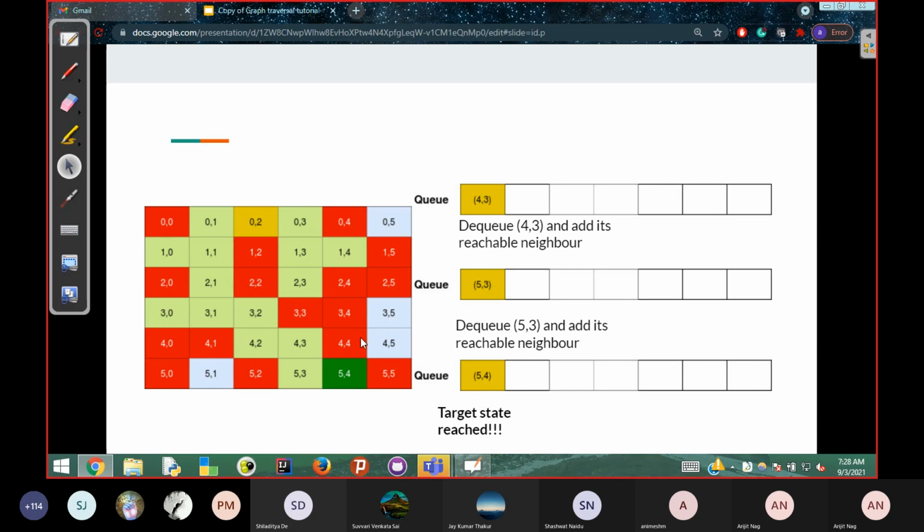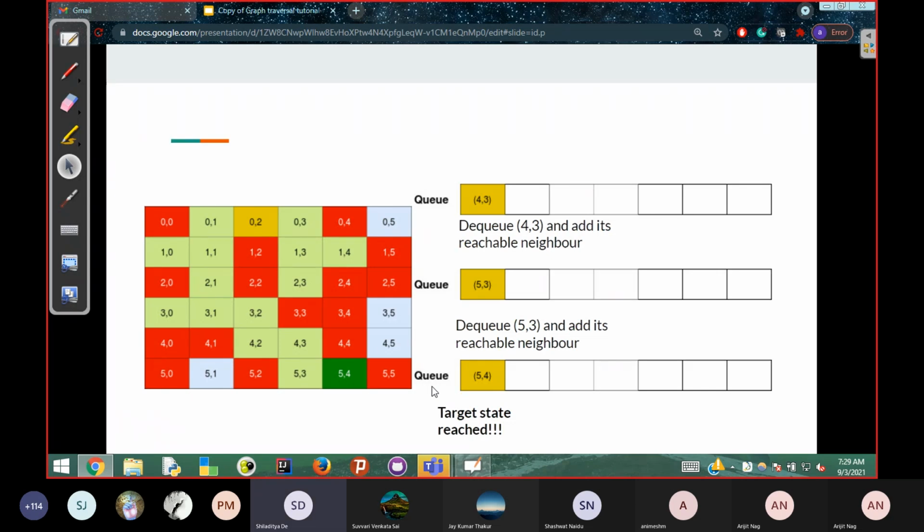Now another thing: suppose the target was 5-0, then there is no way to reach 5-0 from 0. So at the end of your BFS operation, you will never have added 5-0 to your queue, so you can say that the state is not reachable.